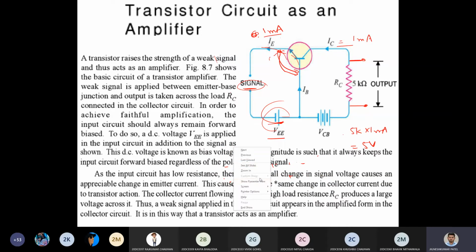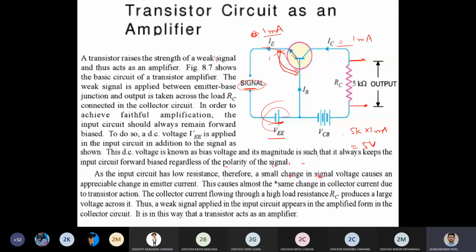Now, as the input circuit has very low resistance, a small change in the voltage over here will result in a large change in the current, because resistance is low. That means a small change will immediately be reflected in the current between your base and emitter, so the emitter current will change immediately.